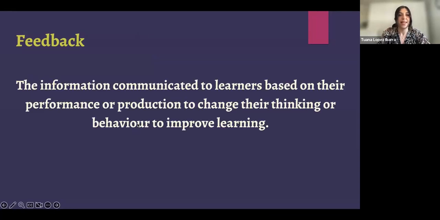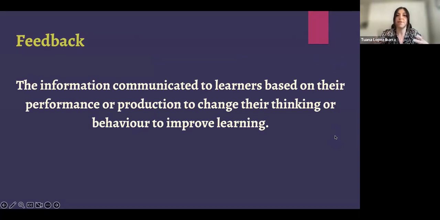Okay, let's see. It is the information communicated to learners based on their performance or production to change their thinking or behavior to improve learning, exactly like we mentioned. So when we think about the teacher's feedback, it is information that we provide to our students.